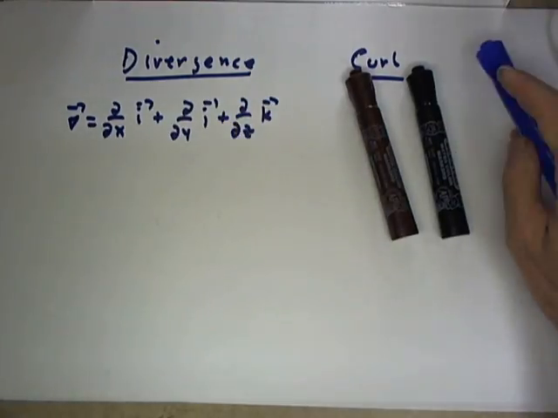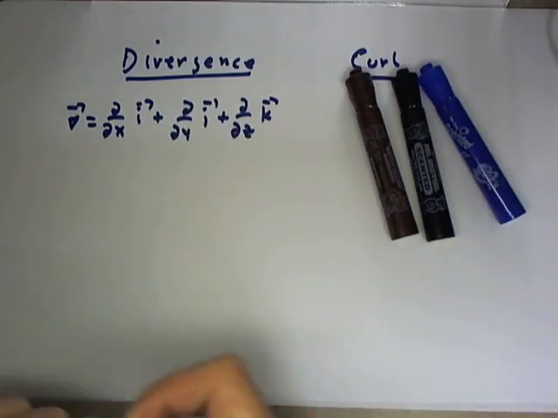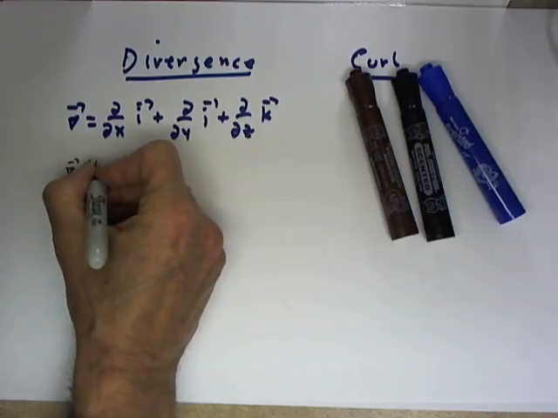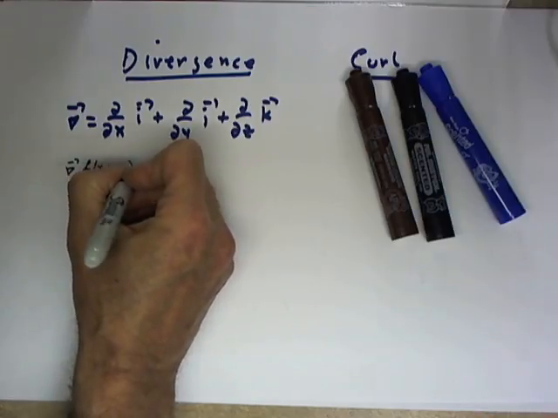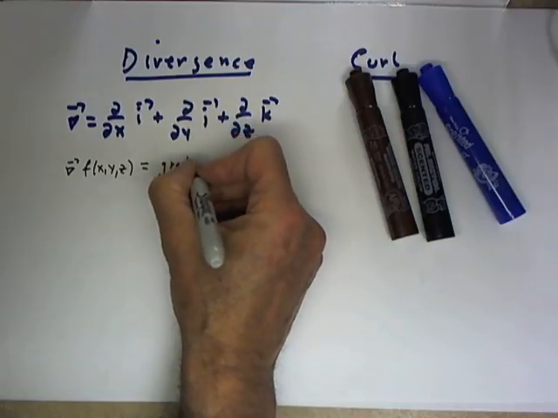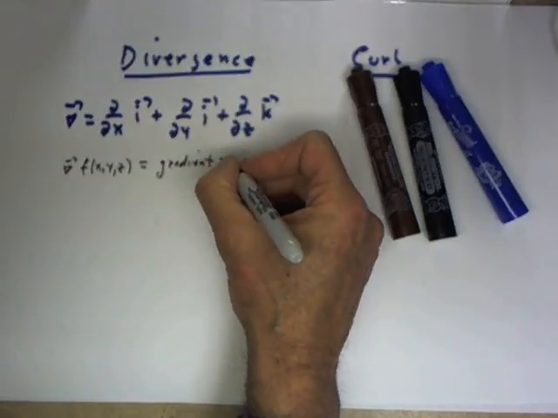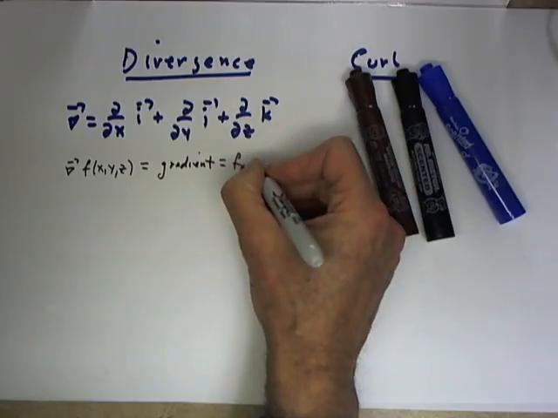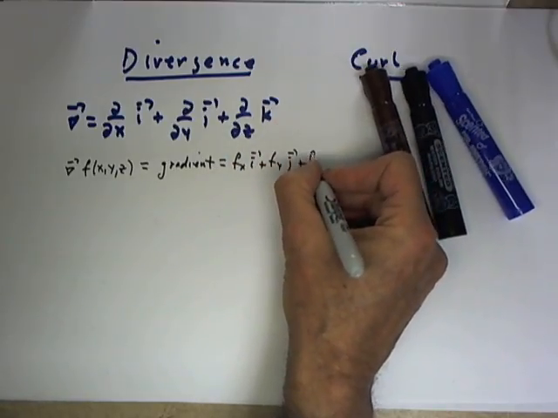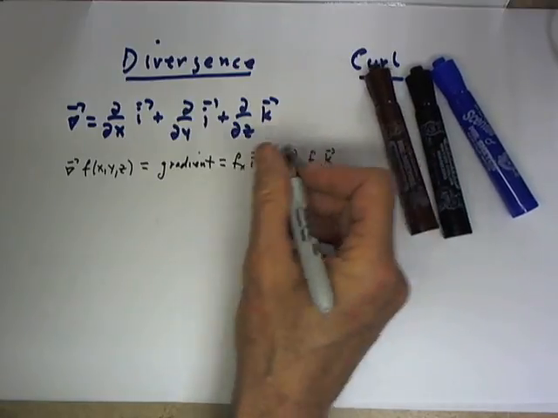The del operator applied to a scalar function is the gradient, and that's f_x i plus f_y j plus f_z k.